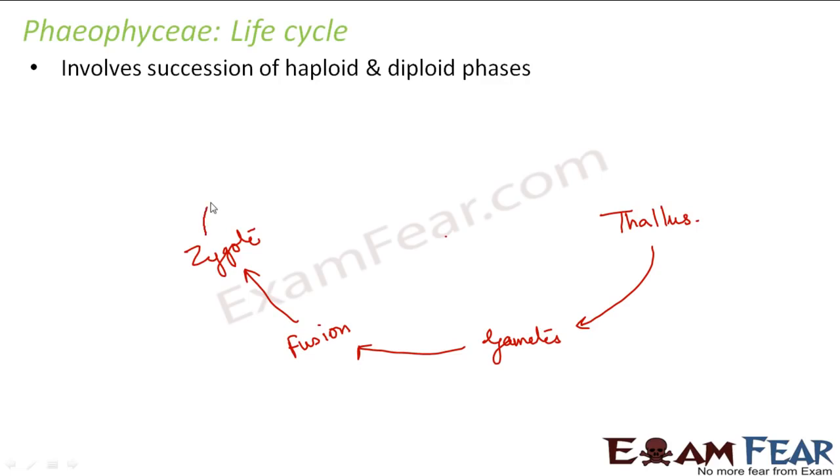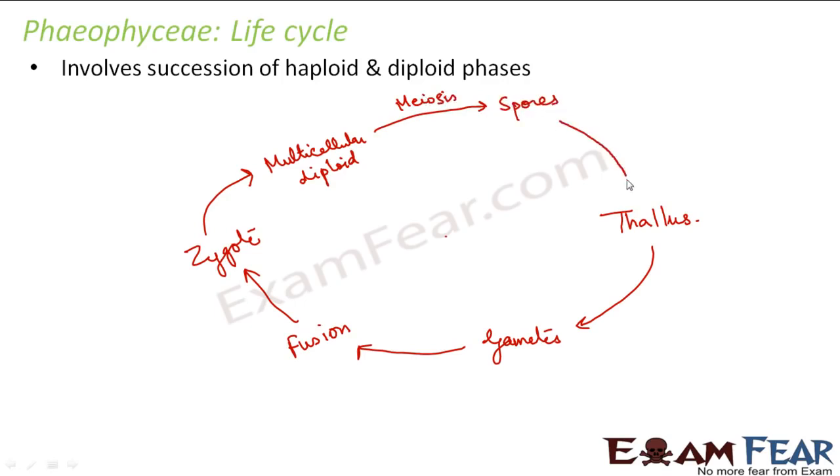And this zygote will actually form a multicellular diploid structure. This multicellular diploid structure will undergo meiosis and form spores. These spores will germinate to form the thallus. So here again, this is the diploid phase.